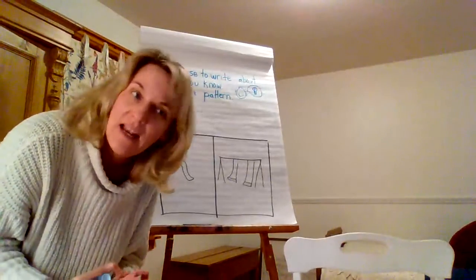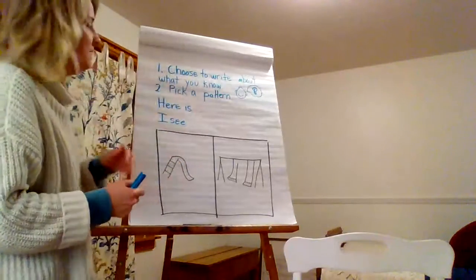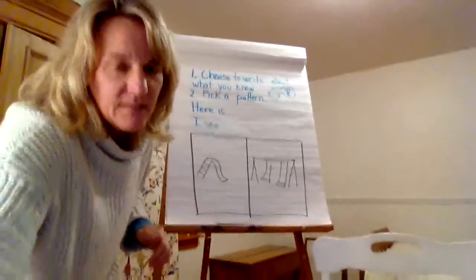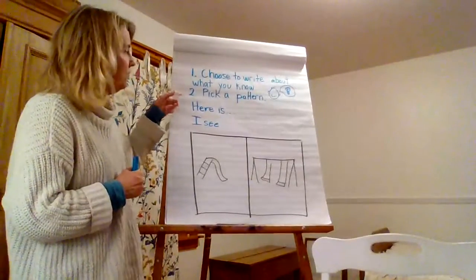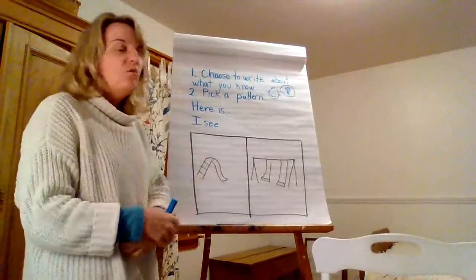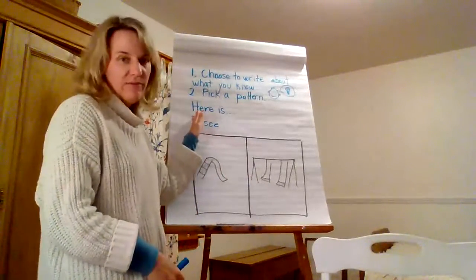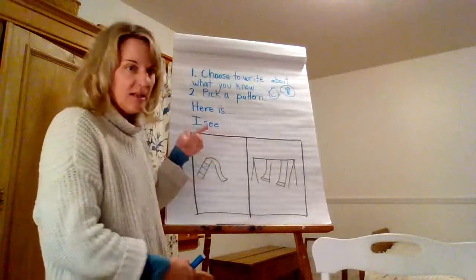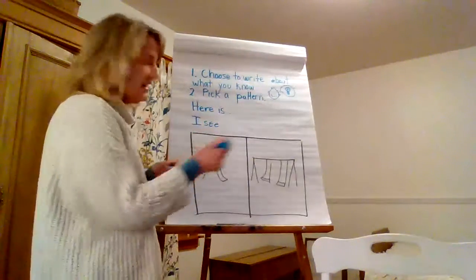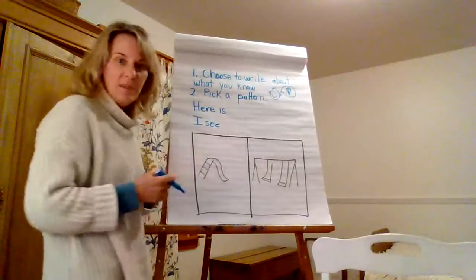So remember what I said, it has to be about something you know, okay? The second thing you're going to do is think of a pattern that fits what you're writing about. So some of the patterns that maybe you've read about in your pattern books are "here is," or "I see," and then you write about something you see.